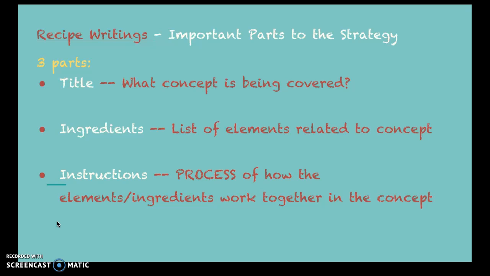Really, it's up to the teacher and maybe the students as well to decide how exactly they will characterize the list. And then the instructions are the process, the how, the what are we going to do to turn our ingredients, our calculator, our equations, and our problem into a solved algebraic function or expression.